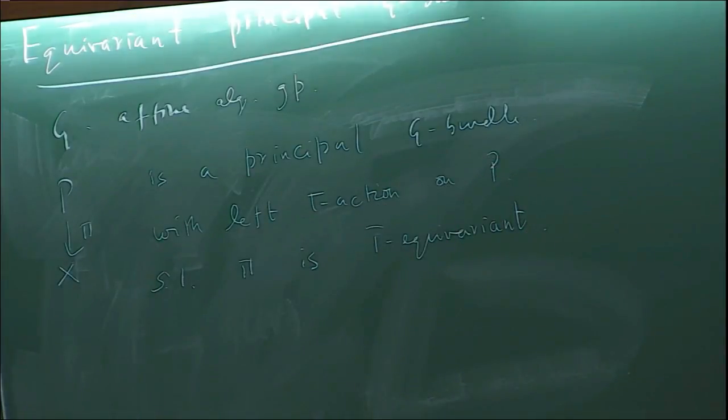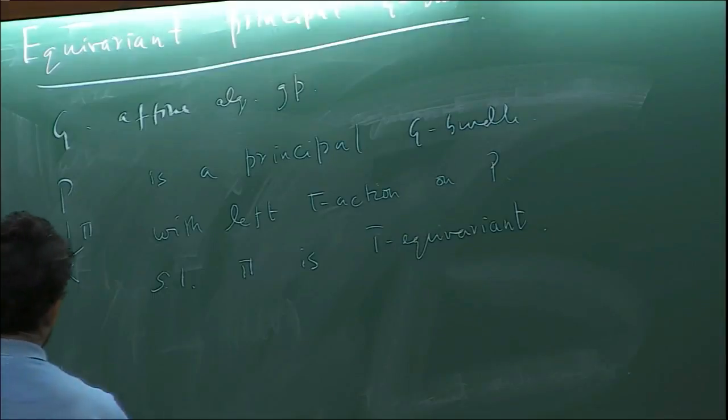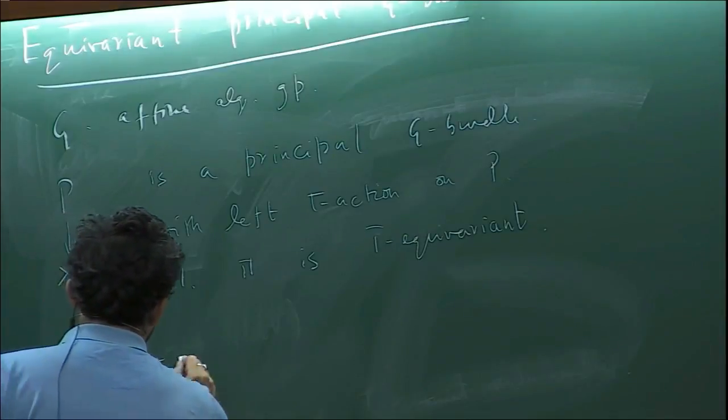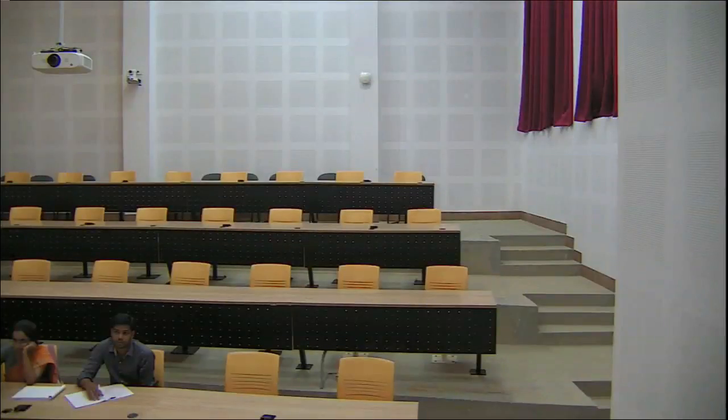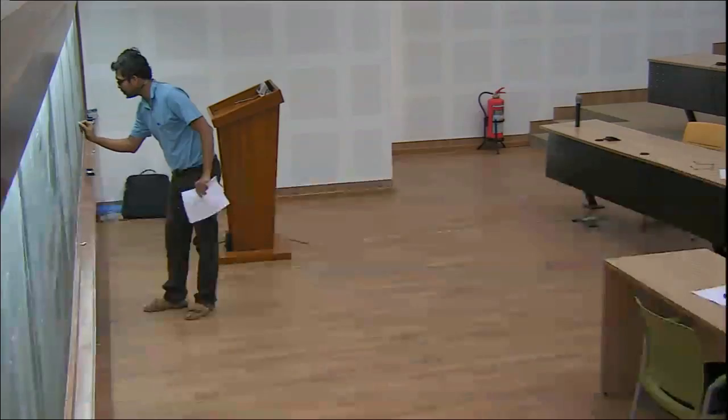Again, you can ask when a principal bundle has a T structure. The answer is that P is T equivariant if and only if t upper star of P is isomorphic to P for all t. This is a theorem we have proved in one paper.